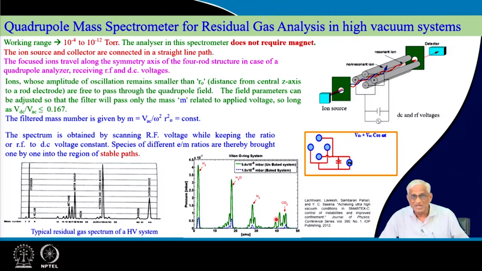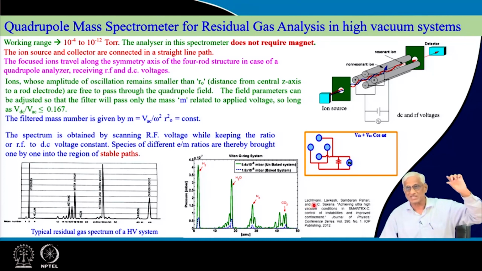What is this spectrum? This is the mass number that is changing. These two are spectrums. The mass number is changed, which means several ions are brought into focus by adjusting RF voltages, and the current here on the y axis is calibrated in terms of partial pressure, because when you add all these partial pressures you get the total pressure. Total pressure can be measured by a Bayard-Alpert gauge.